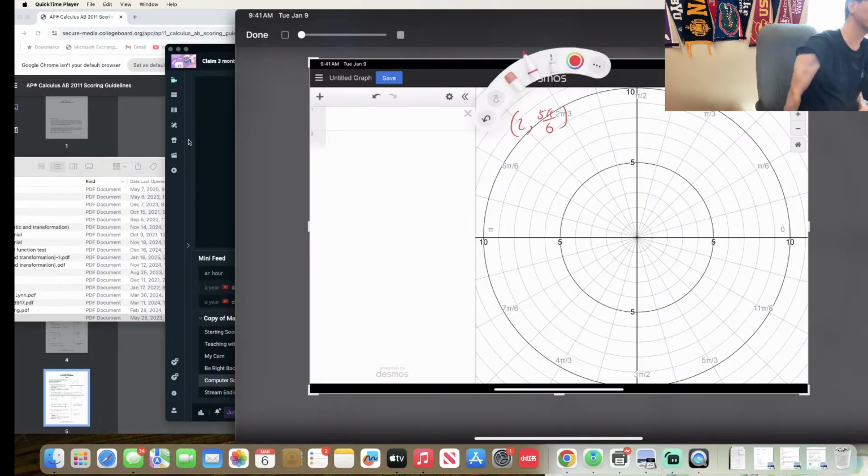Everything is right. Not negative 2, positive 2. 5 pi over 6. It's never negative because they go by the radius. That's the radius, that's not negative.